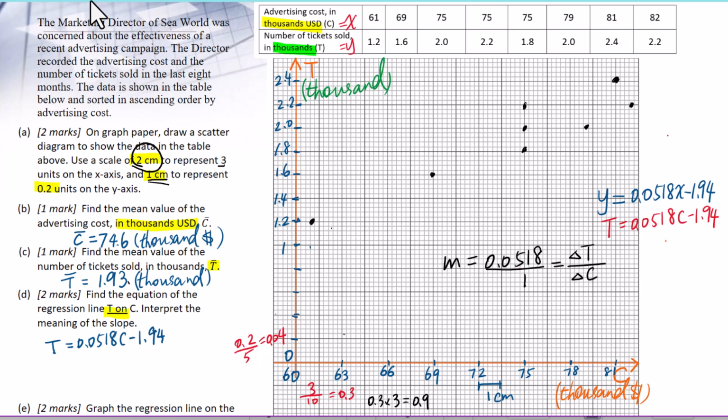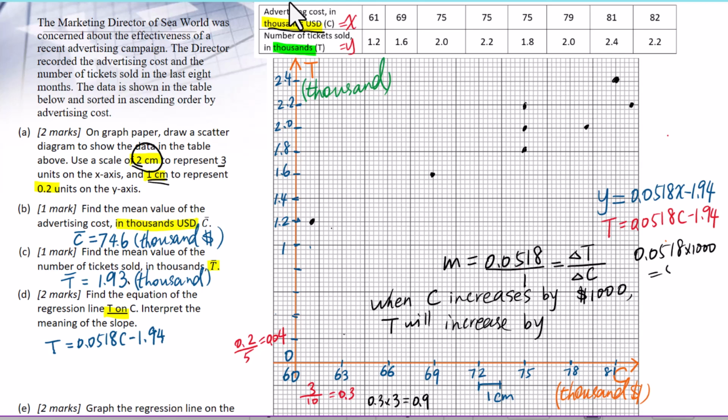We will use this kind of sentence to describe this slope. When c increases by 1 unit, which means $1,000, t will increase by 0.0518 thousand tickets, which is 0.0518 times 1,000 equals 51.8 tickets.